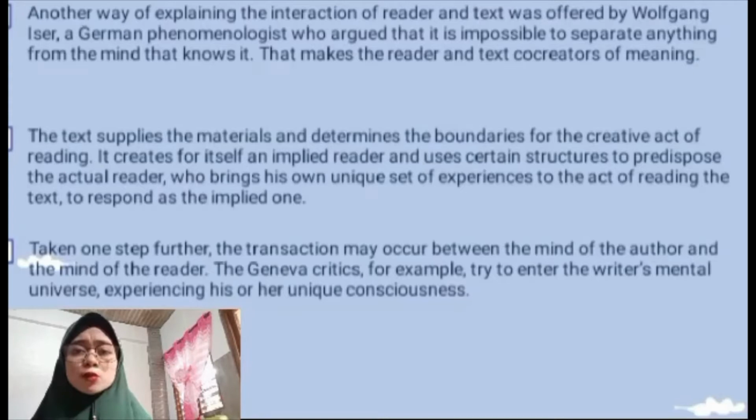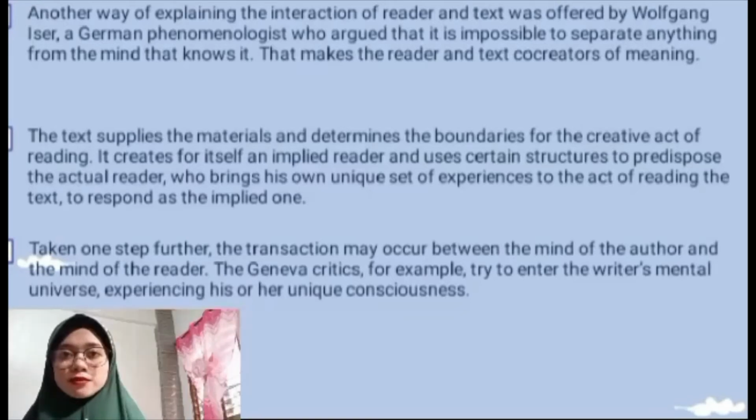A literary work, according to Iser, is an intentional act of the writer's consciousness, an artistic effort that is then re-experienced by a reader who engages in an aesthetic endeavor.